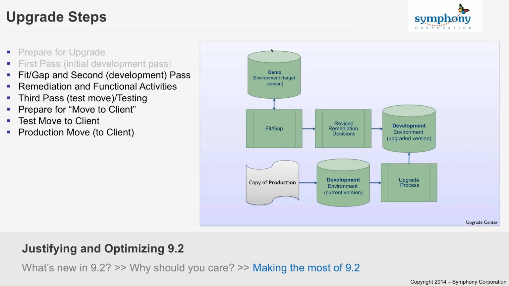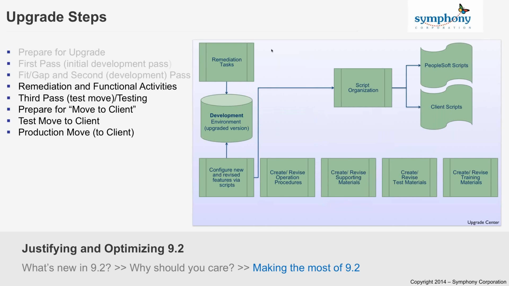After we have done that first pass of the upgrade, we provide a development environment through a connected manner, so your user community or your remediation staff or your technical staff, whichever combination, can go ahead and do any customization retrofits that are required, do some additional unit testing, some verification testing, all in preparation for a fit gap analysis with your user community, where we take a look at what customizations may have been overwritten and take a look at the new functionality and decide what's being kept and what's not being kept.